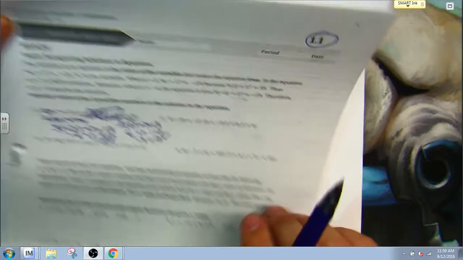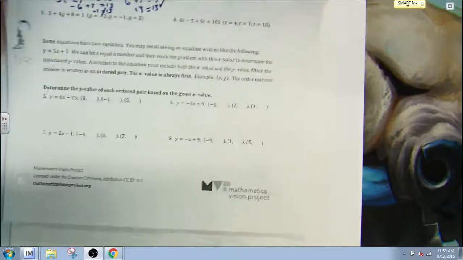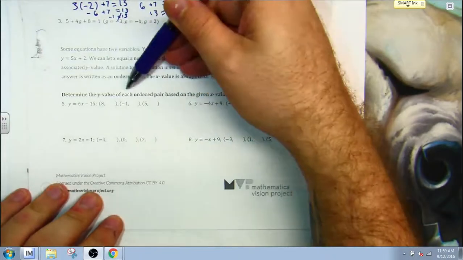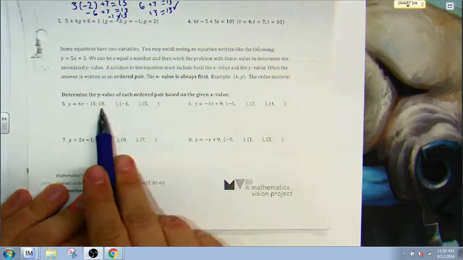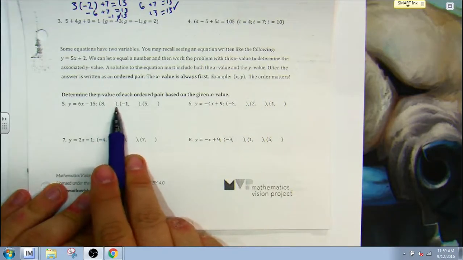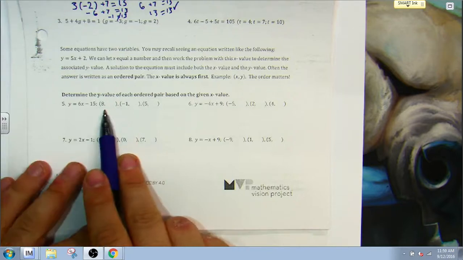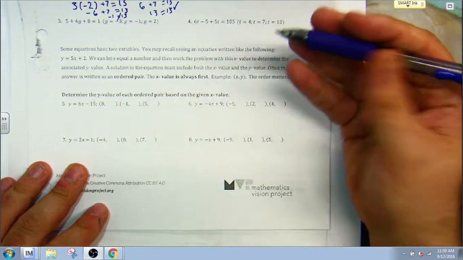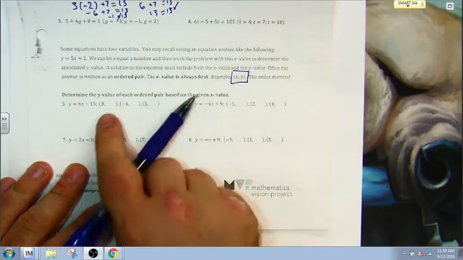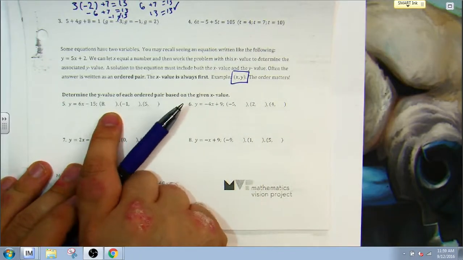When we go down the page a little bit, we see something slightly different. It says, determine the y value of each ordered pair based on the given x value. You see here we have this open parenthesis, and you might be wondering what's going on there. Well, the way that a point is written is x comma y. So 8 is our x, and we're wondering what our y is.